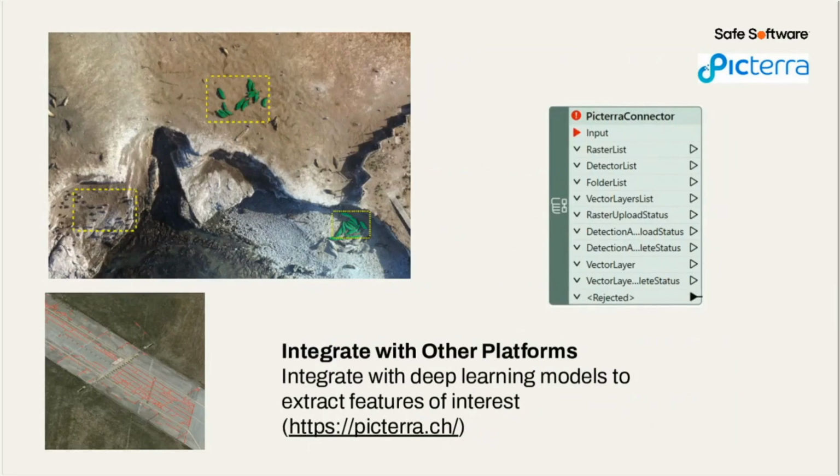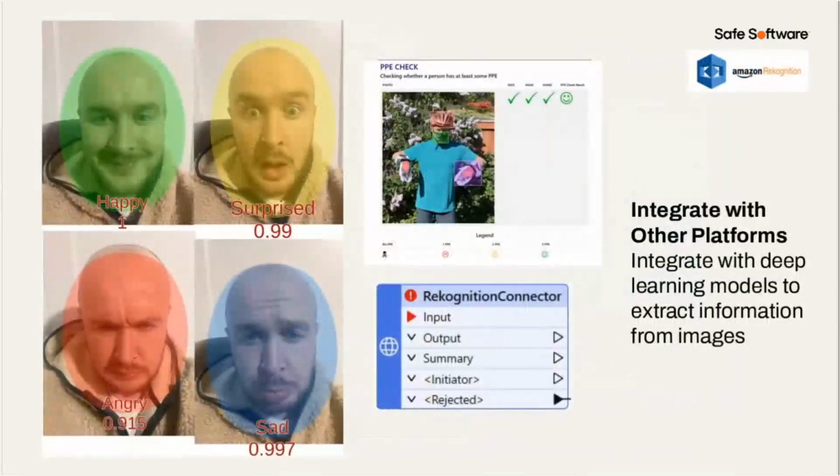As you see in our slide, using Pictera, we are able to identify points of interest. In this case, we wanted to identify sea lions on a beach. It could also be used to identify cracks on roads or pavements, as seen in our second picture. The possibilities are almost endless with deep learning models. Using the recognition connector, this allows us to access the Amazon Rekognition Service AI computer vision service.